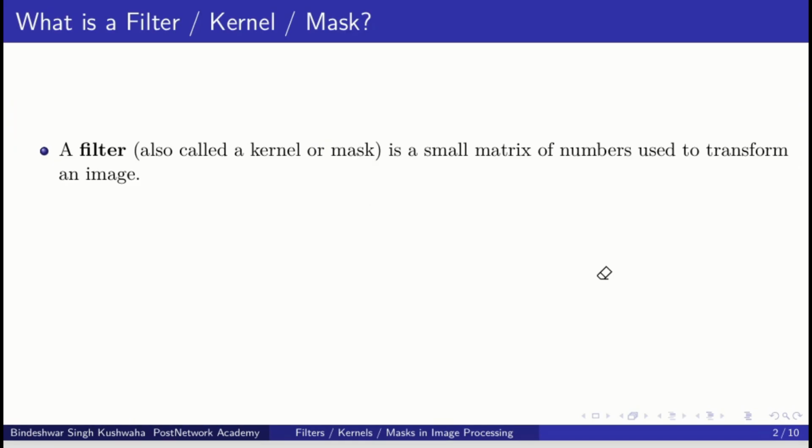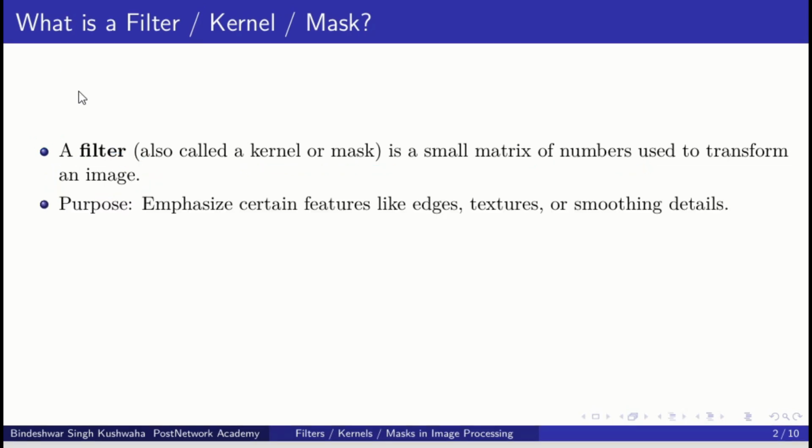So let us understand what is a filter. Basically a filter, also called a kernel or mask, is a small matrix of numbers that is used to transform an image. That means, if you have an original input image and you want it to be sharp, you can use a sharpen filter.